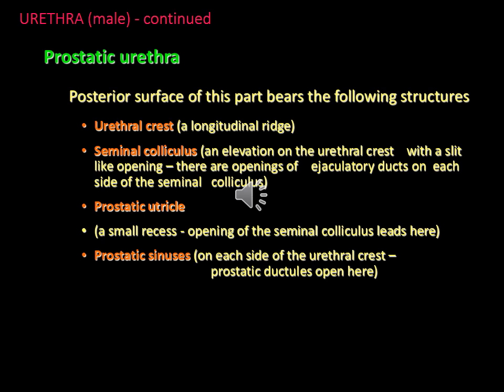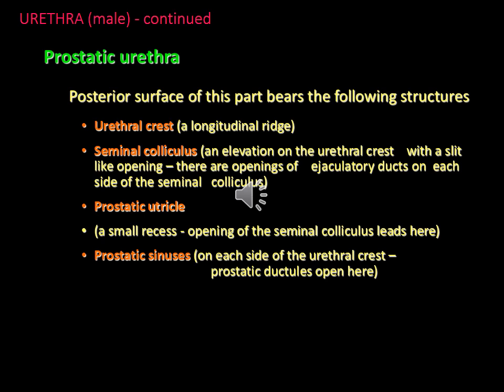Then there is an extension coming from the posterior surface of the prostatic urethra. It's a blind end really, it's a cul-de-sac, and it's called the prostatic utricle. This prostatic utricle represents the remnant of the paramesonephric duct in males.